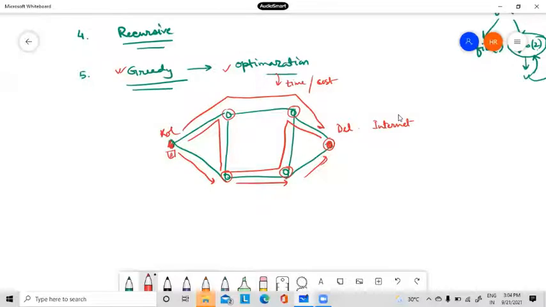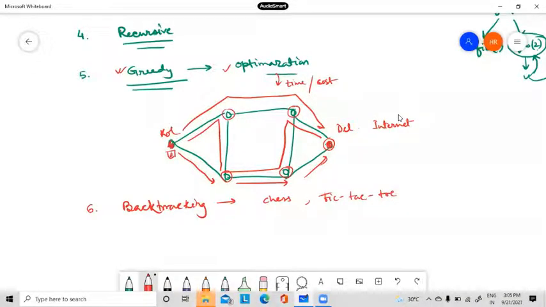There is another interesting algorithm called the backtracking algorithm, and this type of algorithm is used in our chess game or in the tic-tac-toe problem. What is the meaning of backtracking?